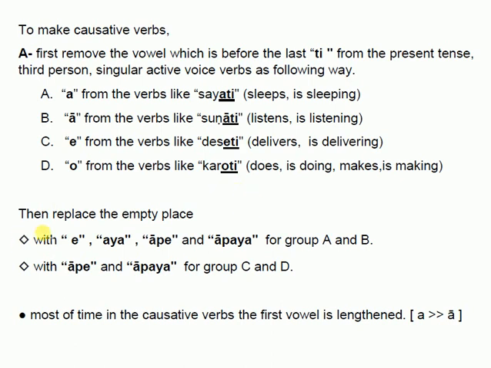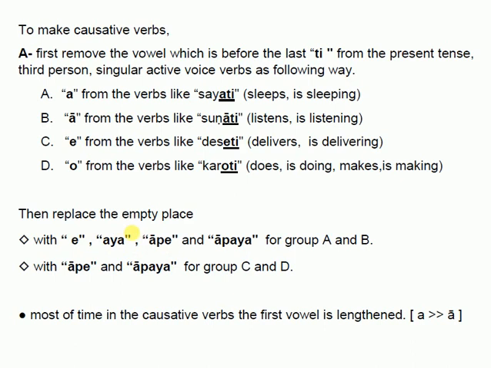And then replace the empty place with e, aya, ape, or apaya, for groups A and B. For A and B we can use these four: e, aya, ape, and apaya for the replacement.